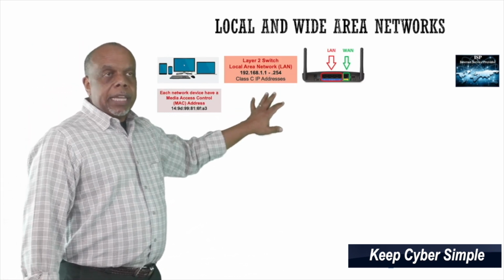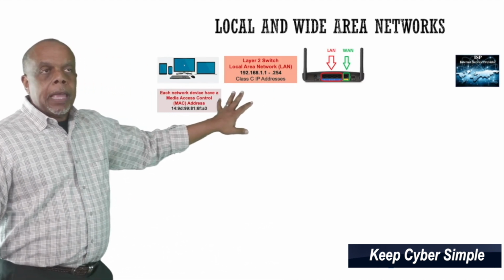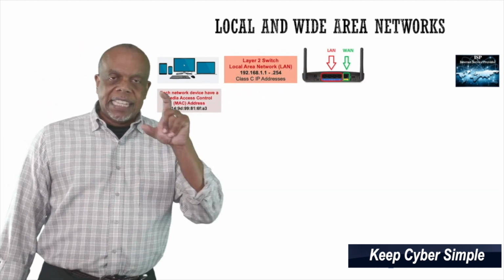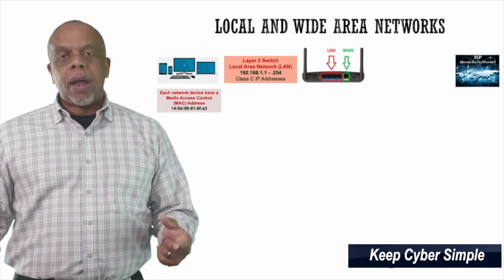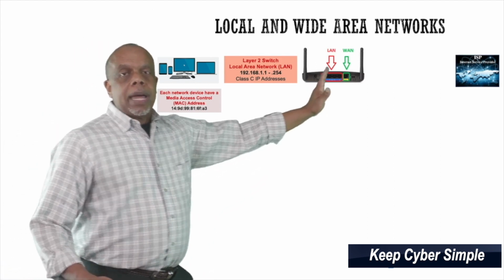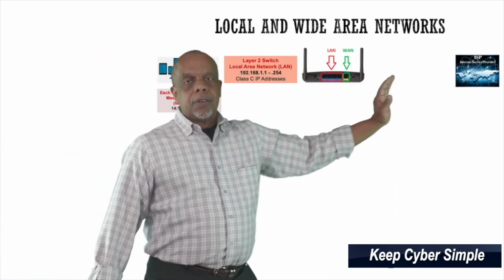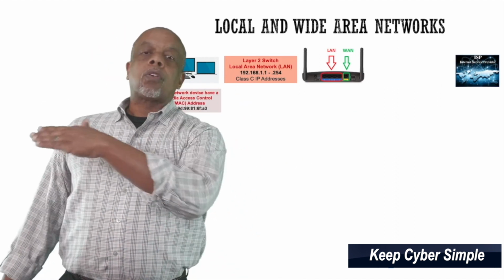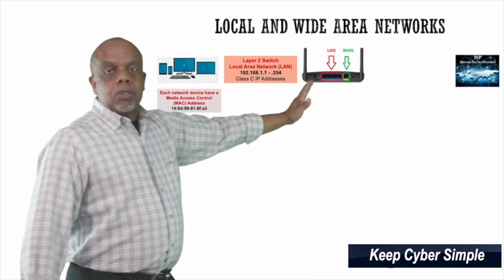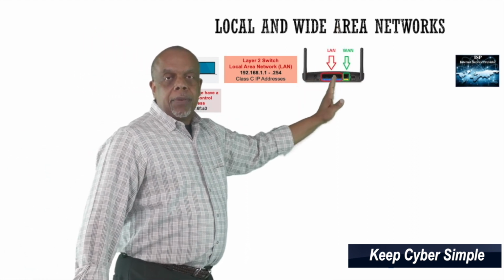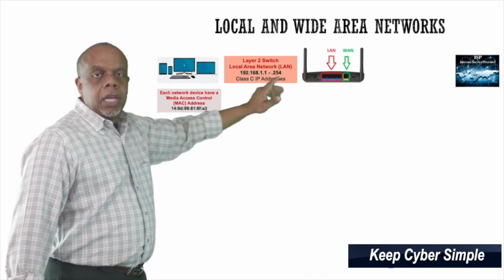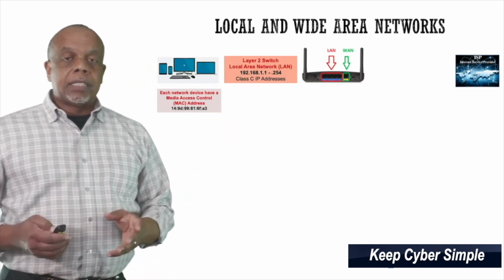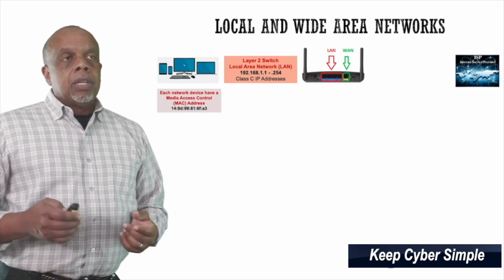Now, this is the layer 2 side, the local area network side. On this side of your router, it's using Class C IP addresses, and these are private IP addresses, meaning you don't see them out here on the internet. You should never see a 192.168 IP address crossing around on the internet. These are just inside of your home. This side right here is all inside of your house. So this starts giving IP addresses to every device that has a MAC address.